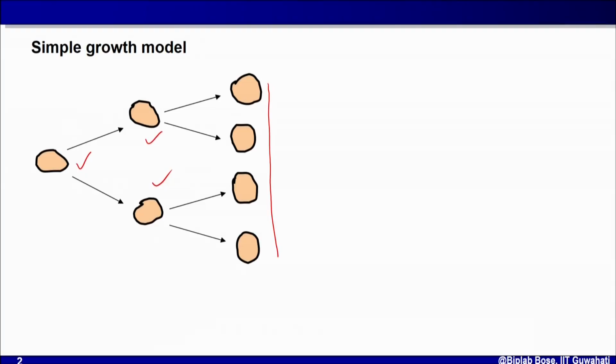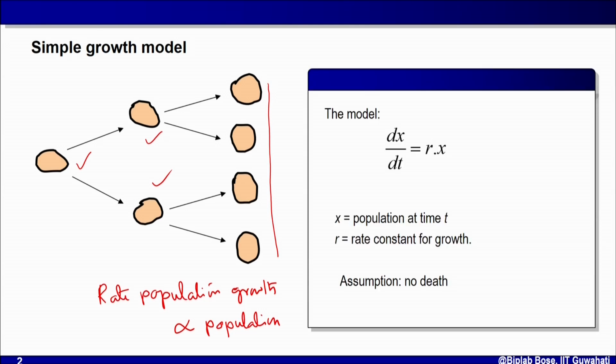So if I can use a logic that the rate of that population growth, I want to measure actually, obviously will be proportional to the current population. So if you have more bacteria, obviously the effective rate of growth of the bacteria will be higher. So if we represent this proportionality in terms of an ordinary differential equation, I get this equation.